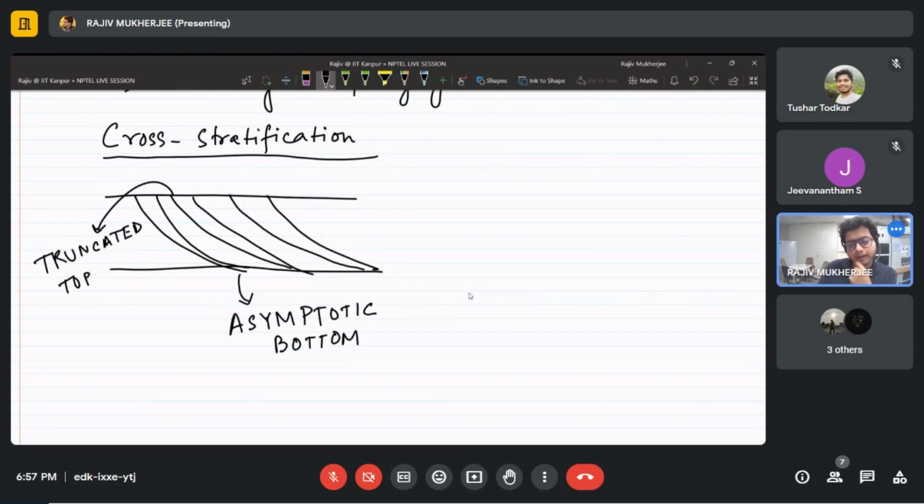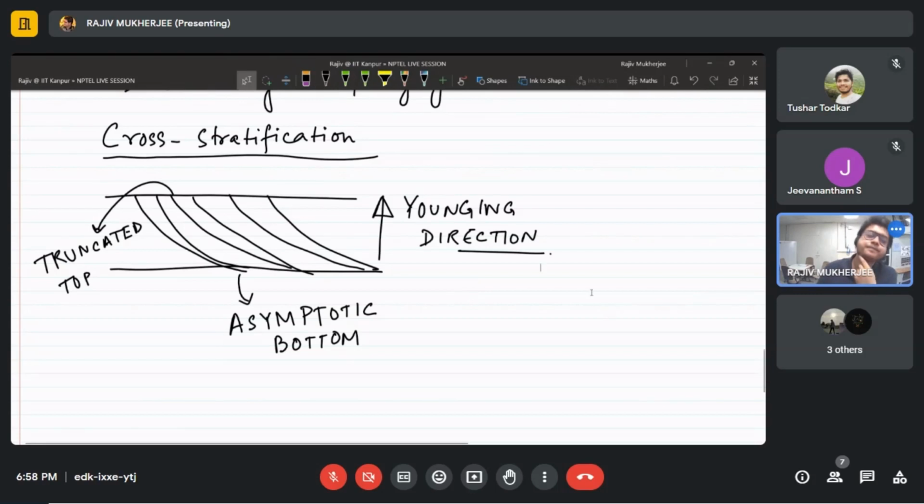So from asymptotic bottom to truncated top, this is the Younging direction, right?